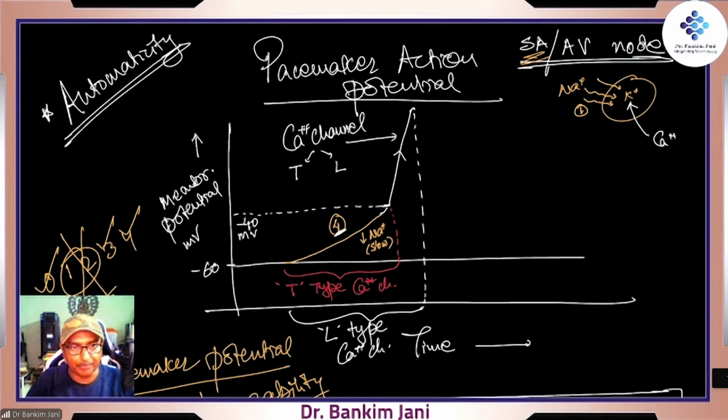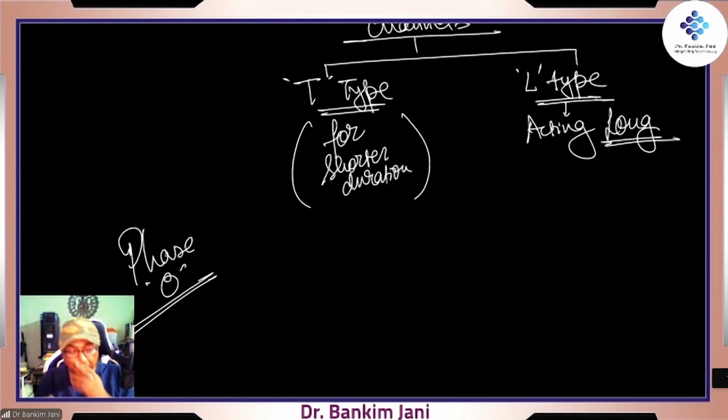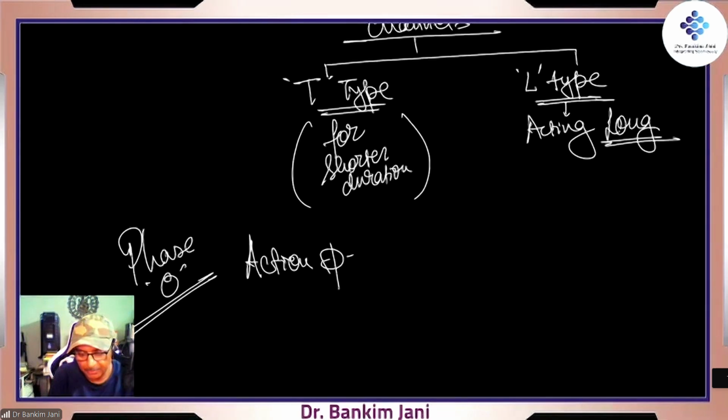When it reaches the peak, this phase is called phase 0. This is the phase called the action potential depolarization.